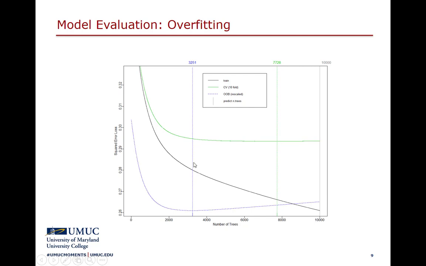That means you are starting to overfit the model. You are learning about noise in the data, not a general trend that you can leverage for future cases. So for this particular model, anything beyond this number of trees, or this complexity, is a boundary condition where you start overfitting.